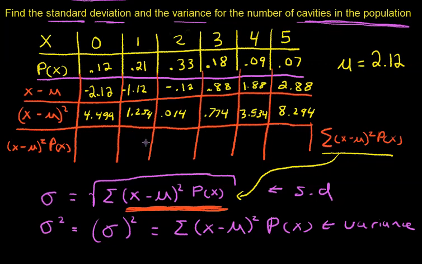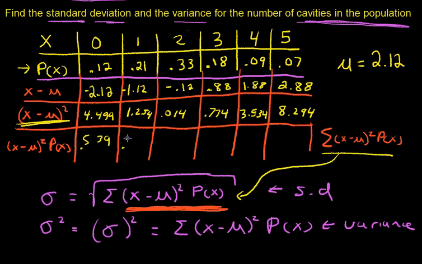And the square of 2.88 is 8.294. All right, so last step, take that previous row and multiply it by the probability of x. Take 4.494 and multiply that by 0.12. That would be 0.539. Take 1.254 and multiply that by 0.21.